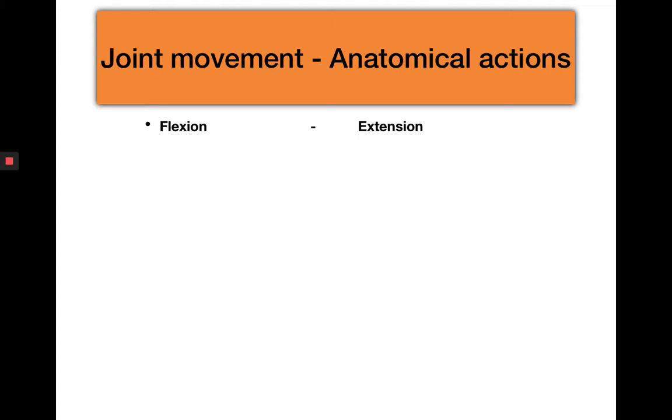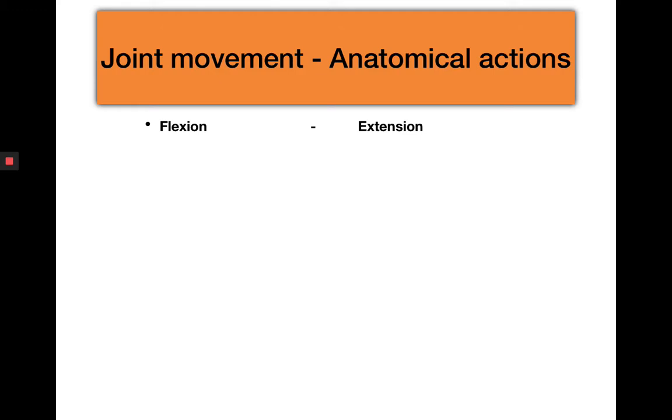Okay, so we have flexion and extension. So flexion would be when I decrease the angle of a joint. So if I was to have my arms by my side, and then I've got a long joint or a big angle in my elbow joint, if I was to decrease that angle and bend at the elbow, I would be decreasing the joint, and that's bending my arm at the elbow. That would be elbow flexion.